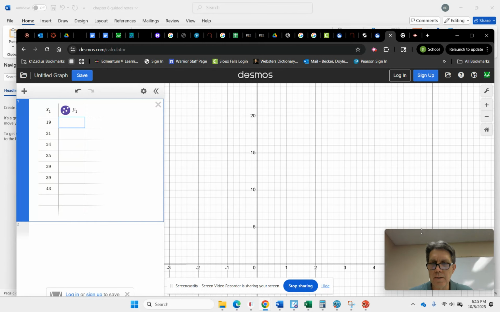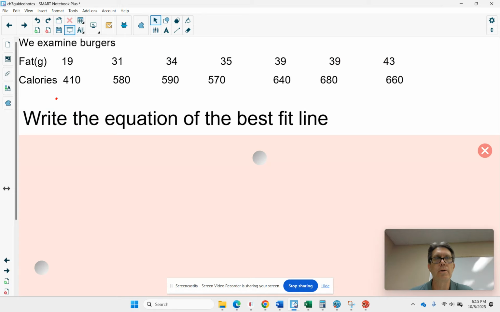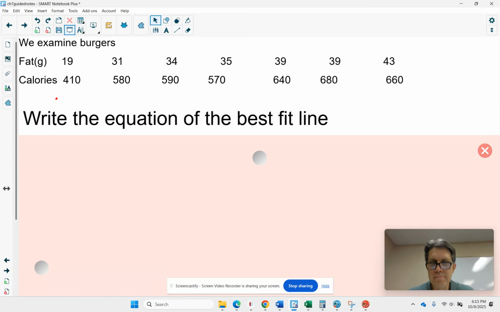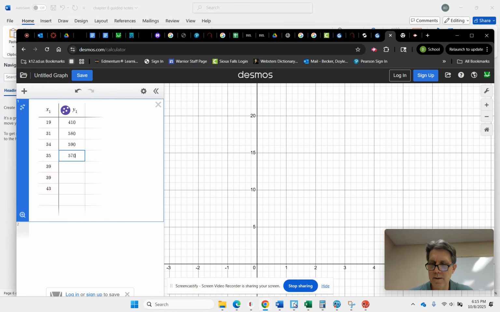Okay, so we've got the amount of fat, and now we'll go with the calories. 410, 580, 590, 570, 640, 680, and 660, I believe.